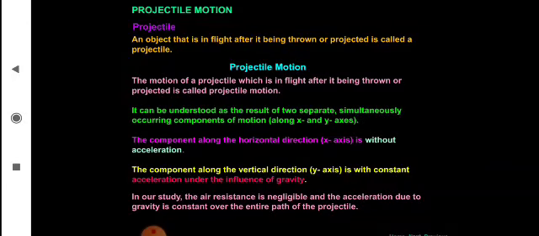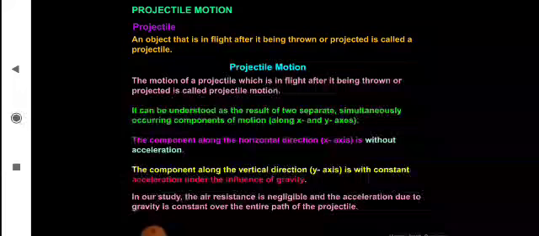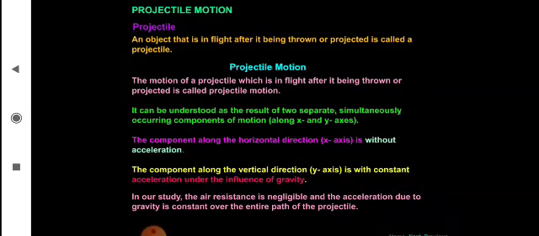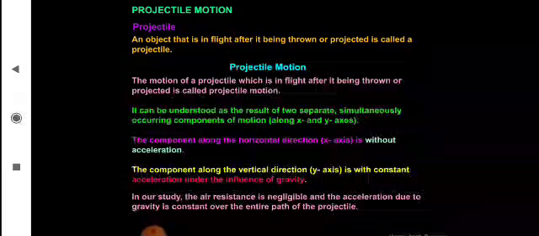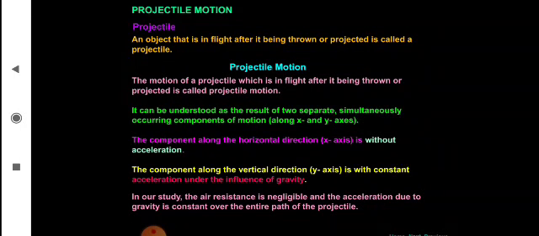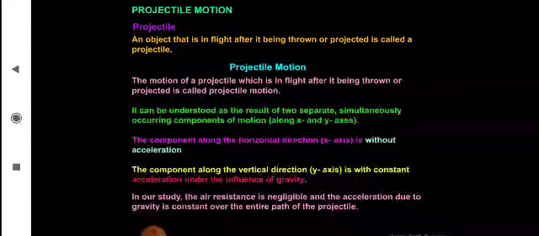So here an object that is in flight after being thrown or projected is called a projectile. The path traced by the projectile is called its trajectory, and it is a parabola.